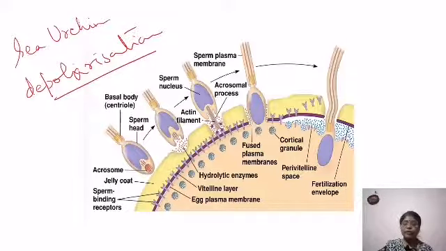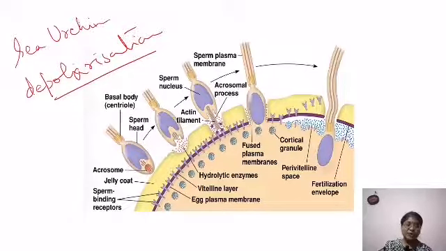You have read about potential in physics; the same thing is here, the potential of the membrane changes, it becomes depolarized, and as a result any other sperm in the vicinity is not able to bind to the egg.